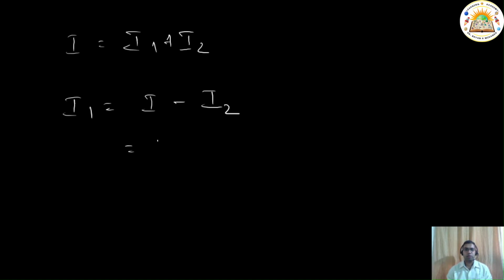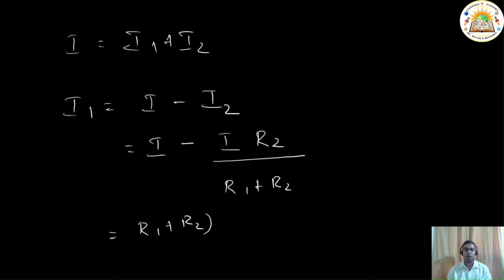And substituting, it becomes I minus I times R2 divided by R1 plus R2, which is nothing but R1 plus R2 of I minus I R2 by R1 plus R2.